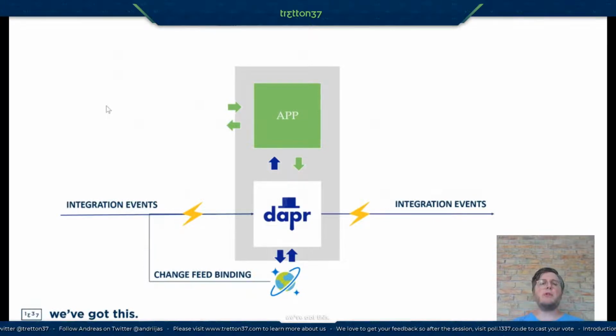So one possible future scenario is that I both could use Cosmos through the Dapr state API and at the same time utilize the same Cosmos database as an input binding, subscribing to the change feed, and in this case implementing some form of outbox pattern here for my events.